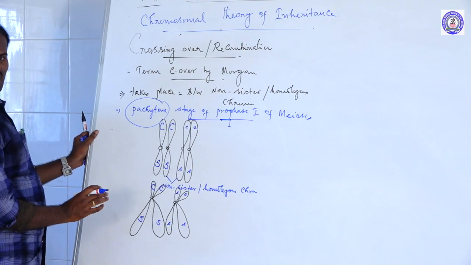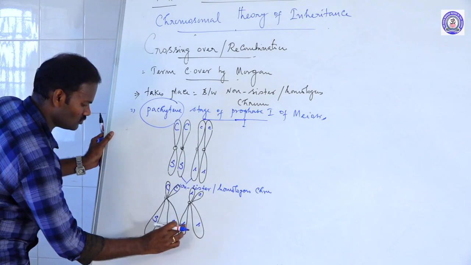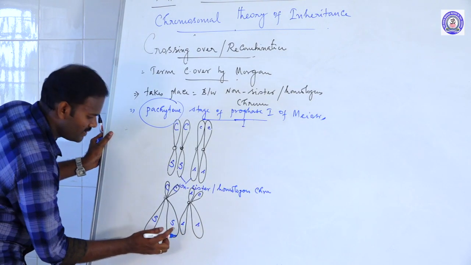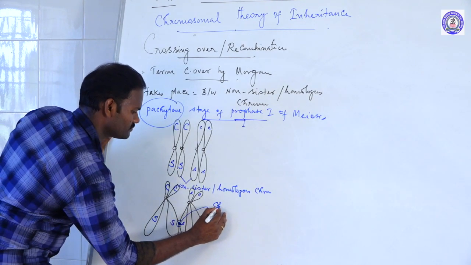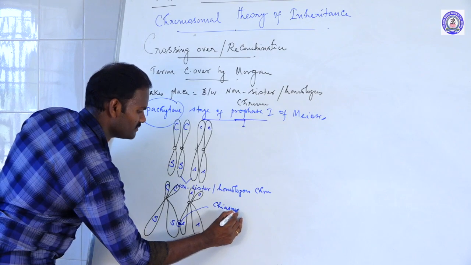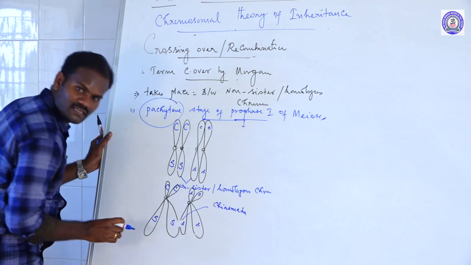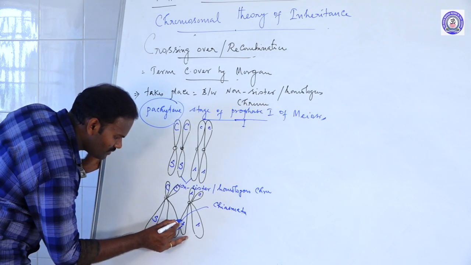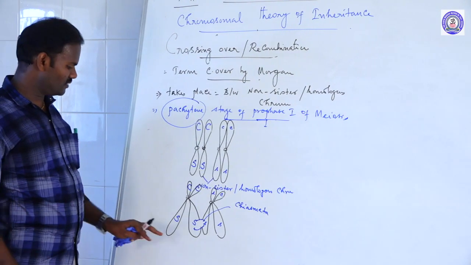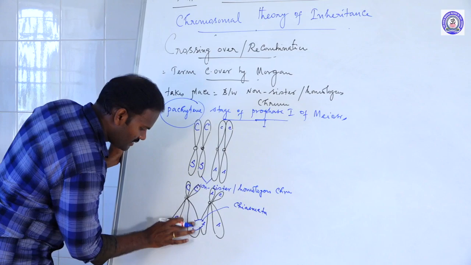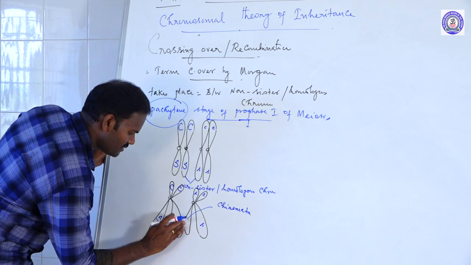So at the time of crossing over, the two non-sister chromatids of homologous chromosomes come close together. They attach at certain points. These are called chiasmata. At each chiasma, the chromatid segments break and exchange their genetic material. This is called crossing over. Here small s, but here a capital S.